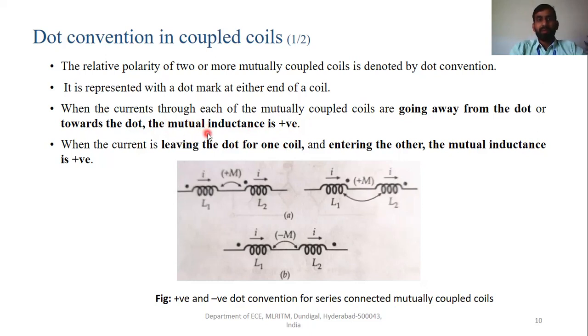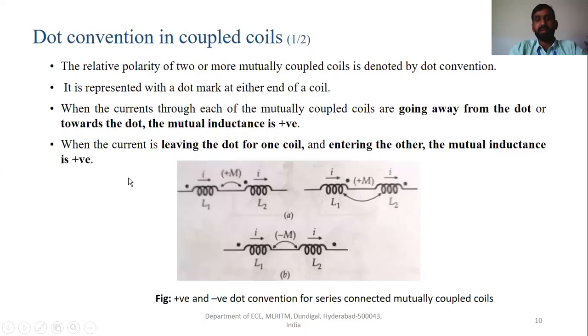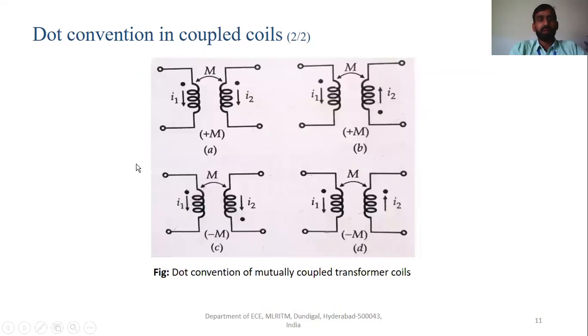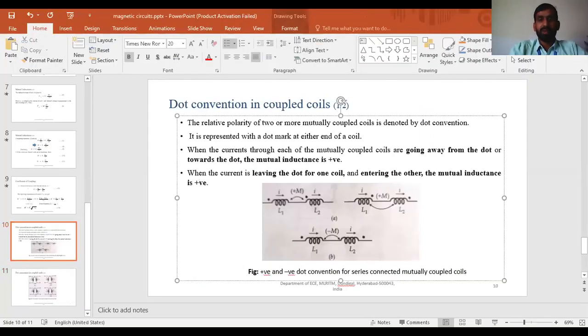Or else we can say it the other way, that is, when the current is leaving the dot for one coil and entering the other, the mutual inductance here is negative. Here I mentioned positive, so please correct it. It is negative.